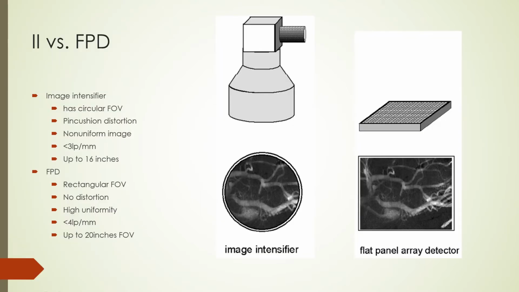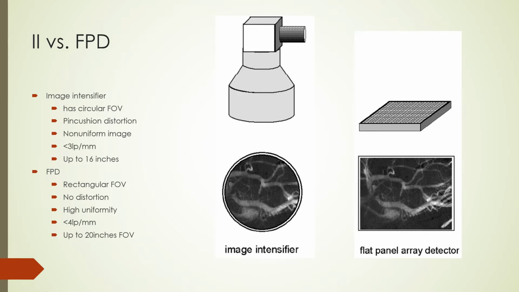On this slide, we can look at additional comparisons between the image intensifier and flat panel detector systems. While image intensifiers have a circular field of view, flat panel detectors have rectangular fields of view. Flat panel detector fields of view are also larger and can be up to 20 inches, compared to image intensifiers that can be as large as 16 inches in diameter.